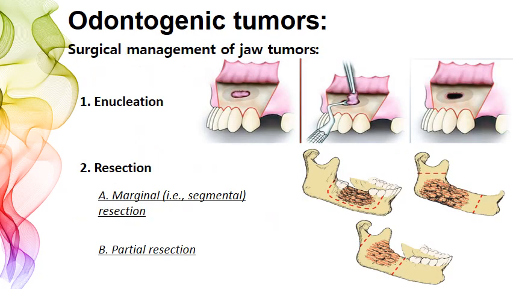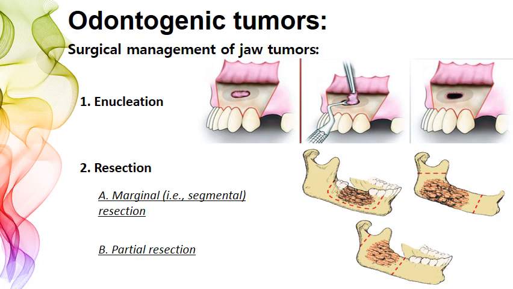Now, what are the surgical steps or the surgical management of odontogenic tumors? The surgical management is made easier by the fact that many odontogenic tumors behave similarly, so they can be treated in similar manners.